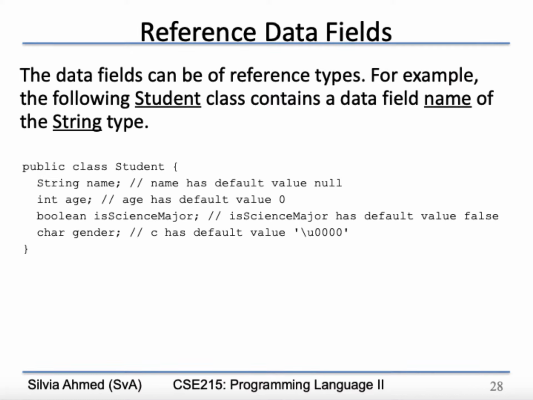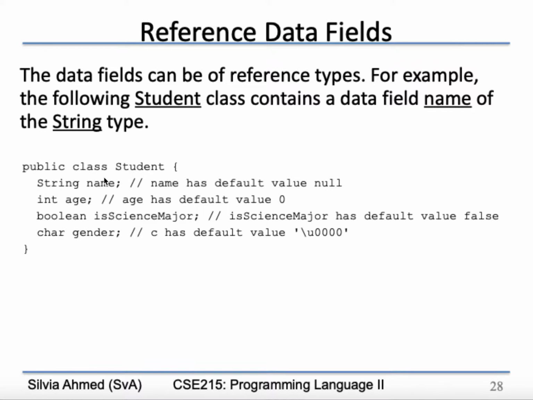The data fields of a class can be a reference type as well. For example, here is a student class where we have 4 data fields: a string type name, an integer type age, a boolean type is science major, and a character type gender.